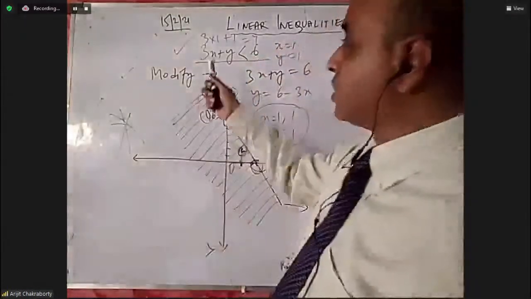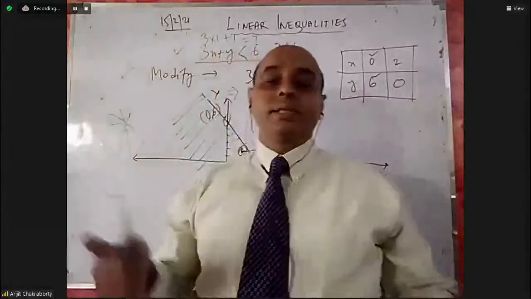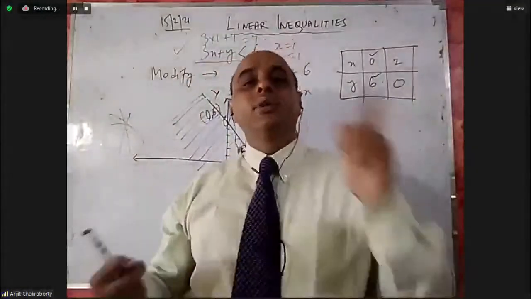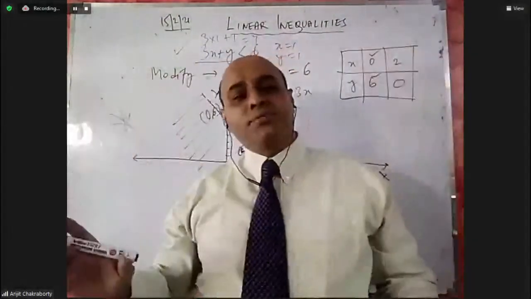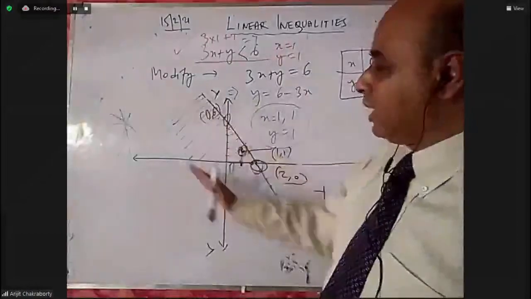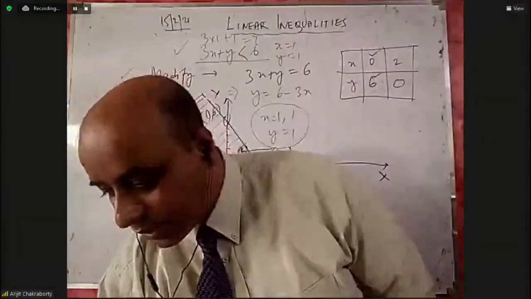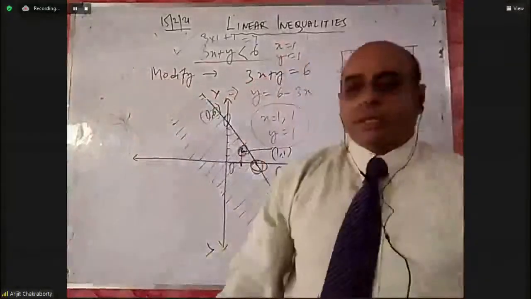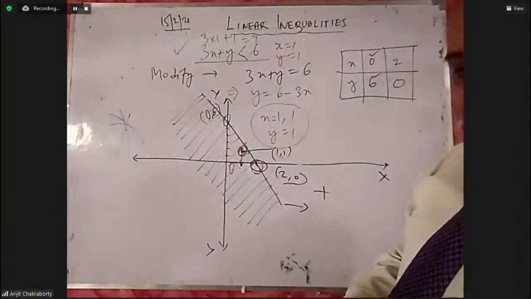If you take x is equal to 0, y is equal to 2, it will be less than 6. If you take x is equal to 0.5, y is equal to 1.5, still it is less than 6. So it can have a wide number of solutions, and that is why we have a range, a shaded area, okay? Fine.